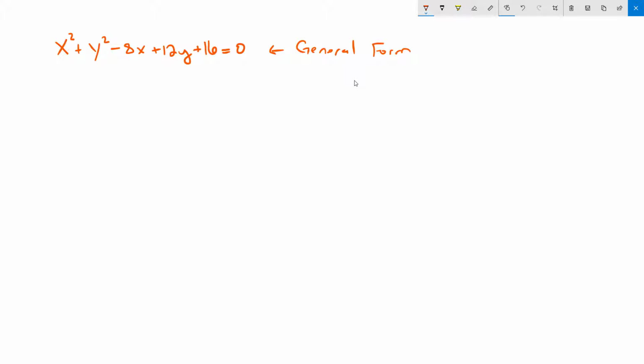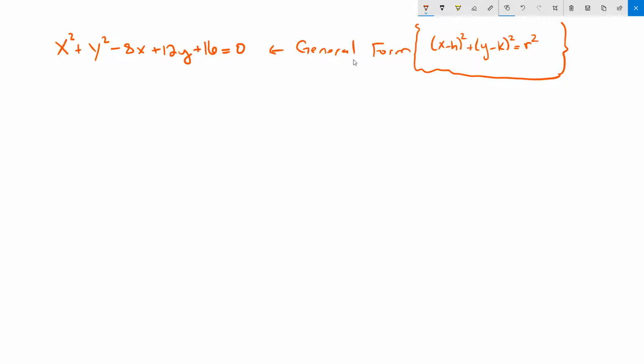Our ultimate goal is to change it to this form right here: x minus h squared plus y minus k squared equals some radius squared. So our ultimate goal is to get it to look like this. Let's go ahead and get started.